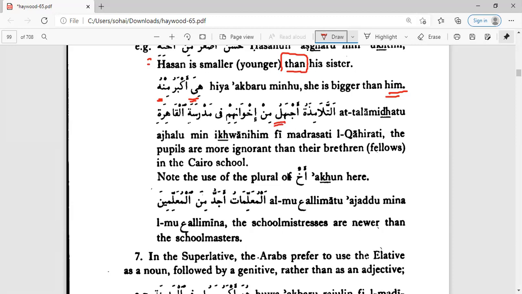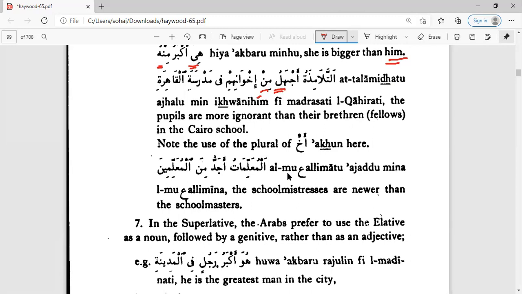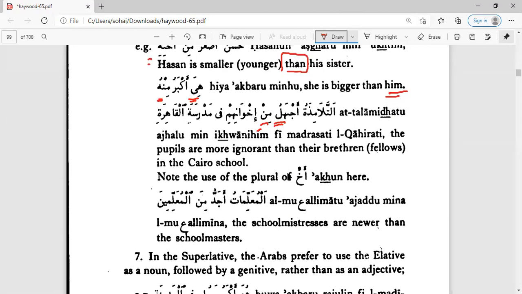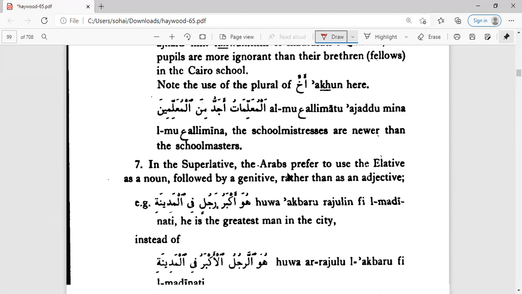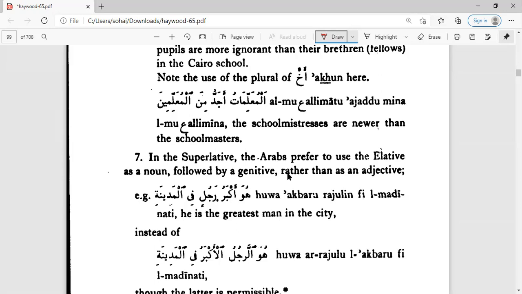So again here ajhalu is used, and min means than. So more ignorant than, more patient than. Does that make sense? Yeah. Yeah. Does it make sense?